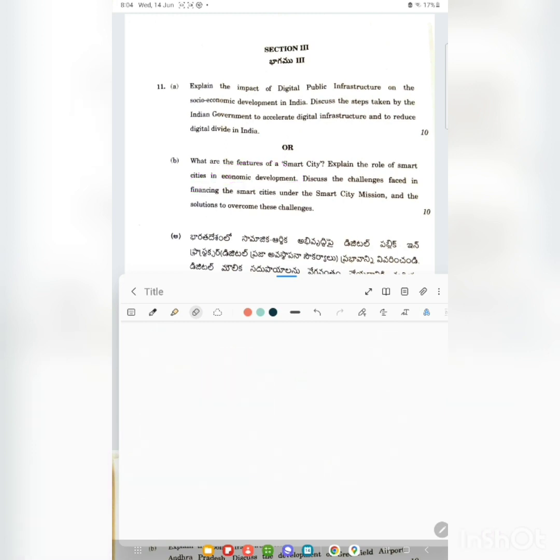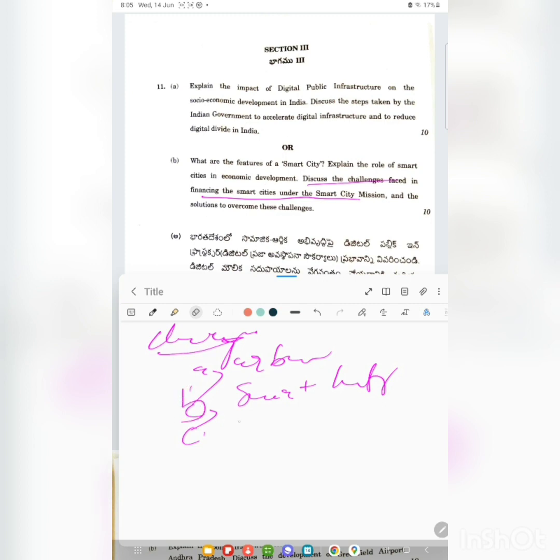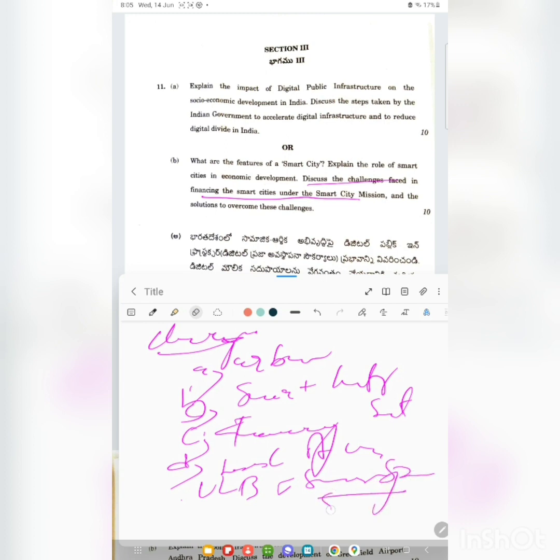And the other point is with respect to challenges faced by smart cities under the Smart Cities Mission. Then you have to write challenges: urban governance, smart infrastructure, financing of smart cities, and inconsistency between the urban local bodies and the Smart Cities Mission special purpose vehicle, SPV.